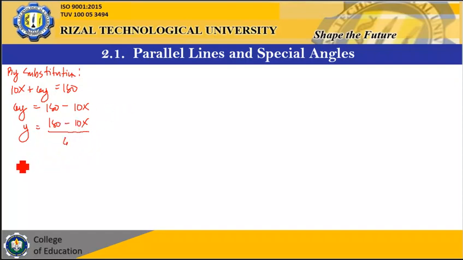Now, using equation number 2, that is 11x plus 3y is equal to 180, and we know that the value of y is equal to 180 minus 10x all over 6, that's the initial value of y in terms of x.